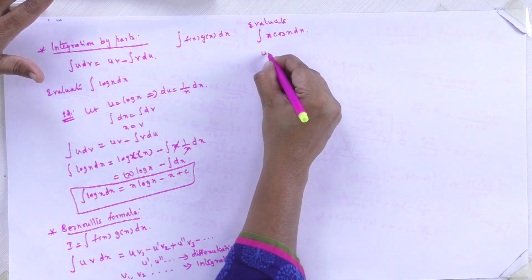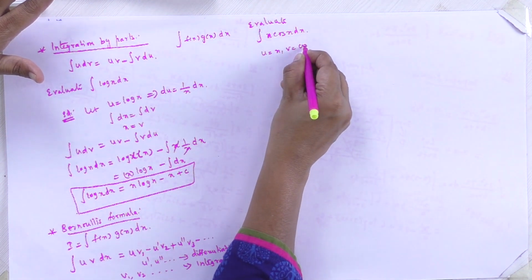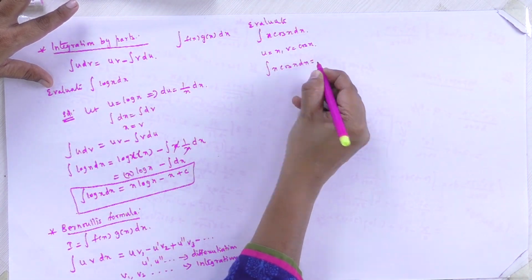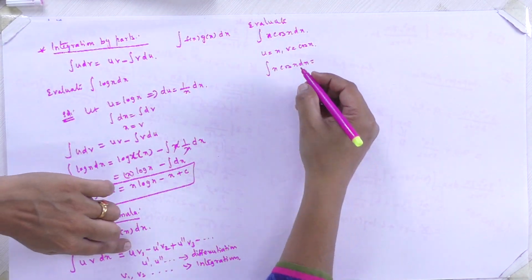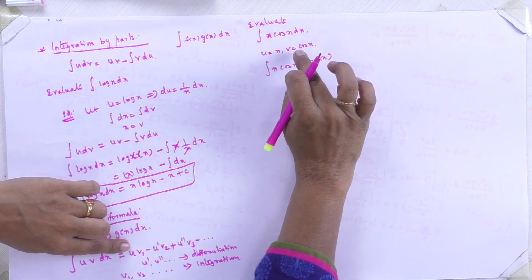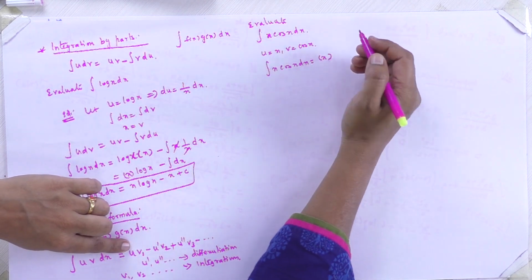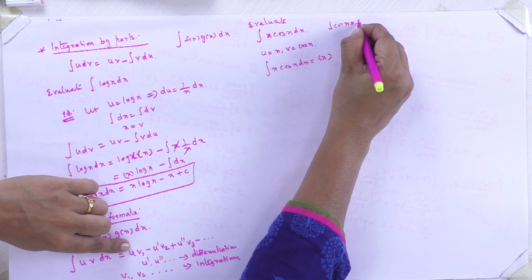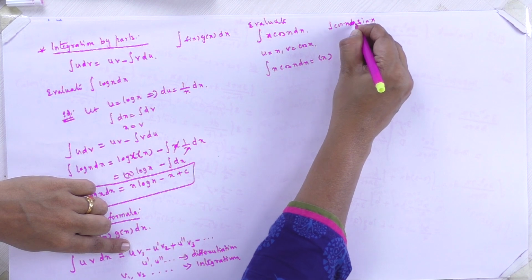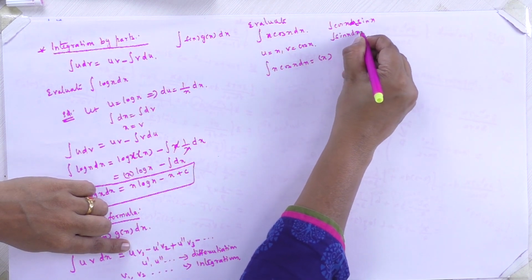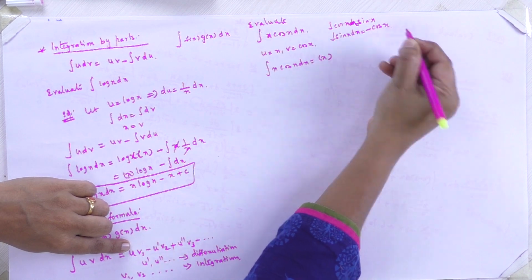Let us consider u equal to x and v equal to cos x. In the first step, keep u as it is, that is x as it is. Then integrate v. We know the integral of cos x is sin x, and then the integral of sin x is minus cos x.